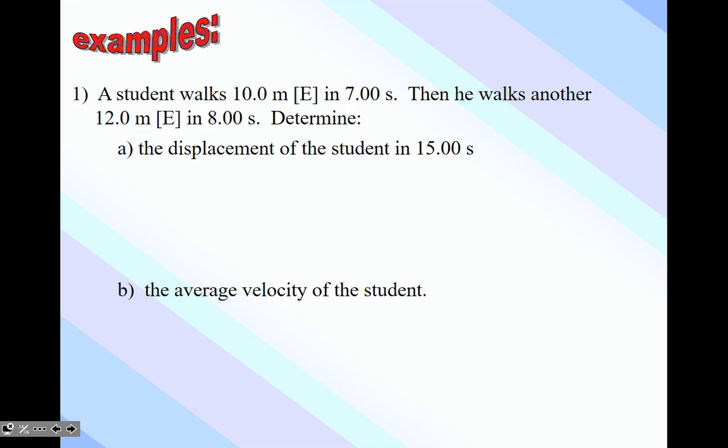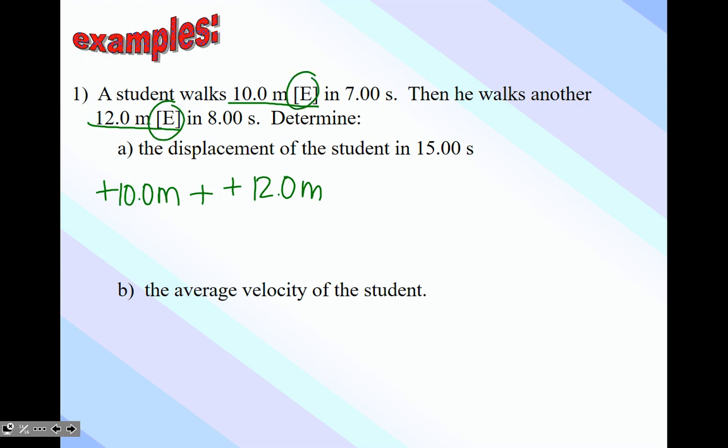So here's an example. A student walks 10 meters east in 7 seconds. Then he walks another 12 meters east in 8 seconds. Determine the displacement. For the displacement, we go positive 10 meters plus positive 12.0 meters, because it's east and east.